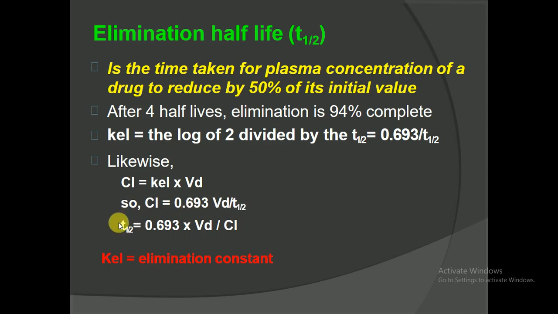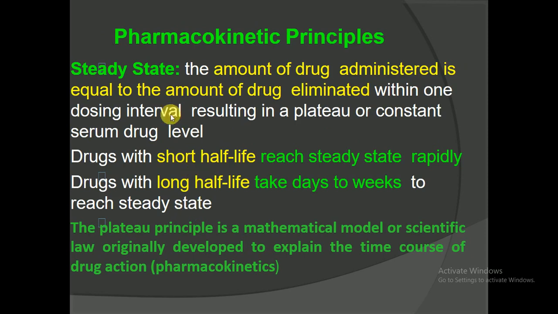Then it can be written like this: T1/2 is equal to 0.693 multiplied by volume of distribution divided by drug clearance. So this is the mathematical form of half-life, and k is equal to the elimination constant.